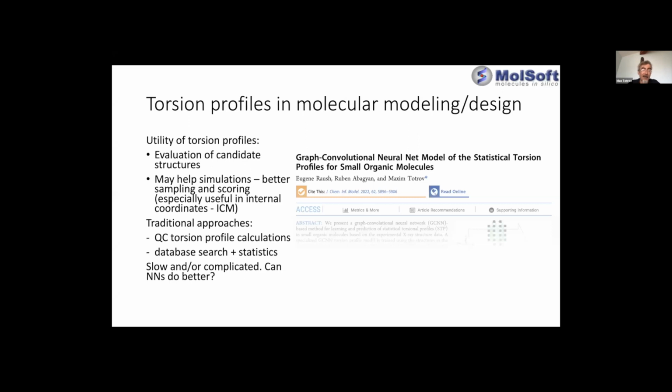And yes, because torsion profiles are also particularly interesting for us, because what we do, as Ruben talked about, is things in internal coordinates, primarily torsions, right?